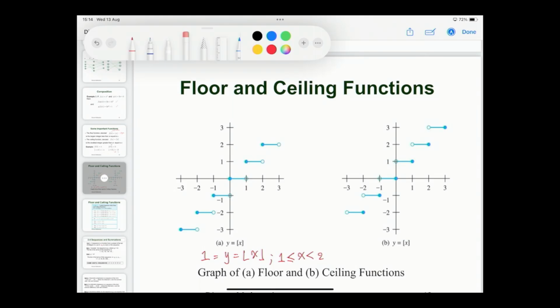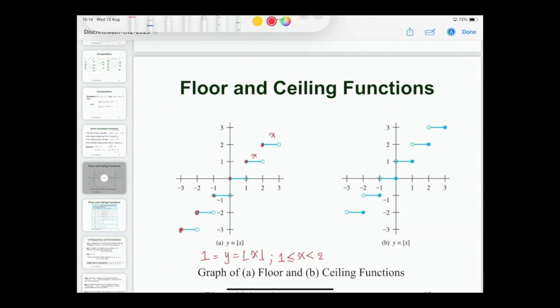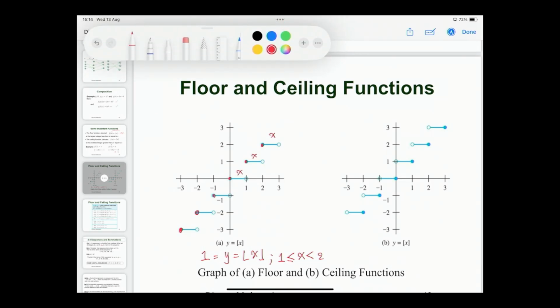For any x, the result would be just shown here, that's the result of the floor function: the largest integer that is less than or equal to x. So this is when x is between 2 and 3, and this is x between 1 and 2, and so on.